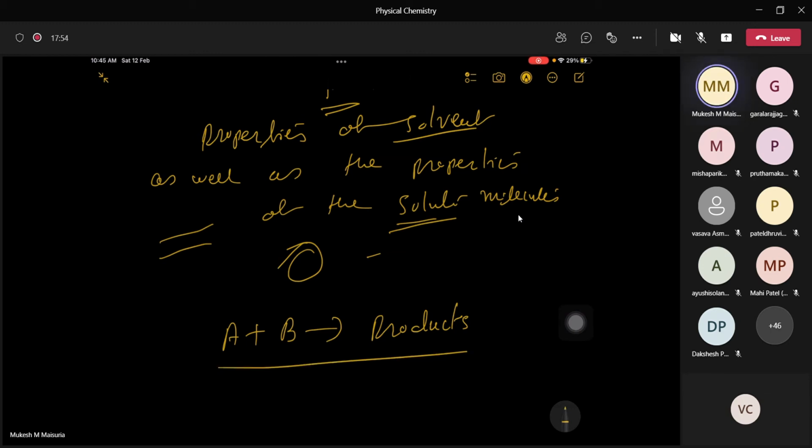In this case, we have considered that the reaction is in an ideal solution.